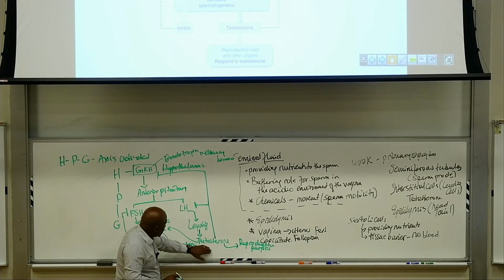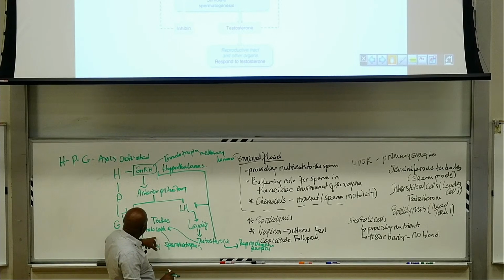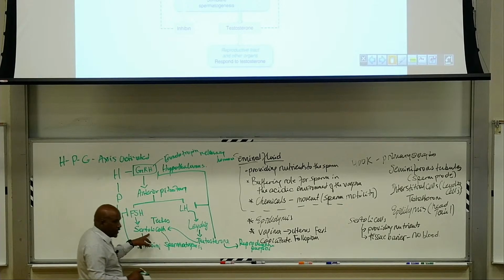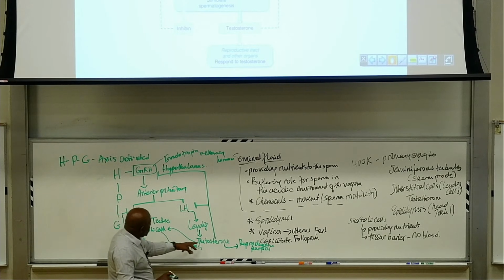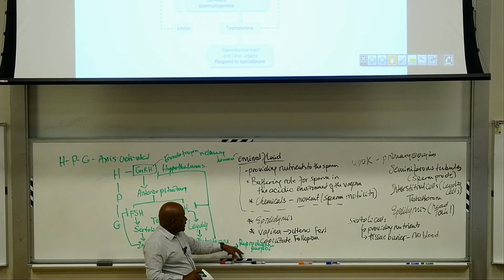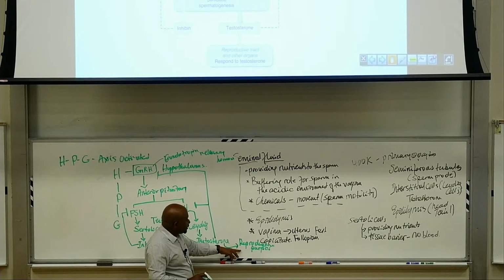The Leydig cells are producing testosterone, which can be locally utilized in the testis for promoting the activity of the Sertoli cells so that they can support spermatogenesis, or it can be involved in other functions in the reproductive tract.